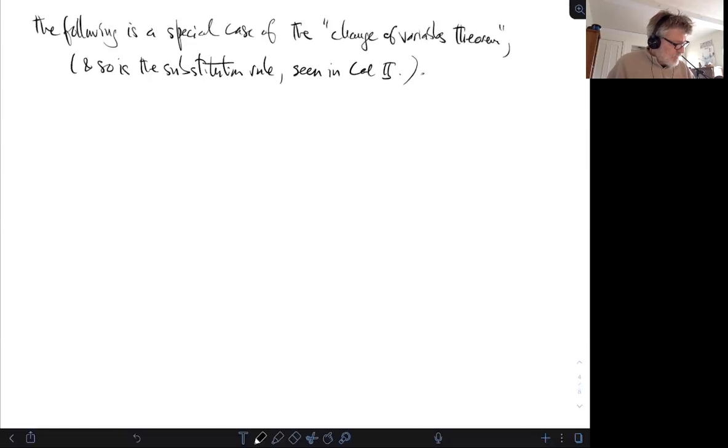Okay, so here it is. This is the change to polar coordinates.